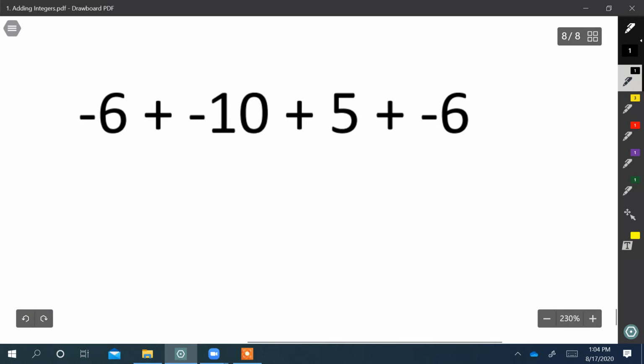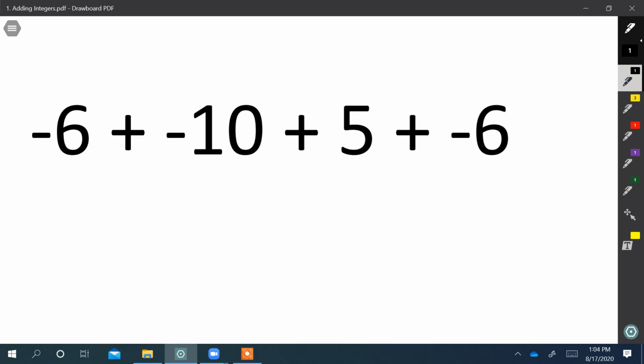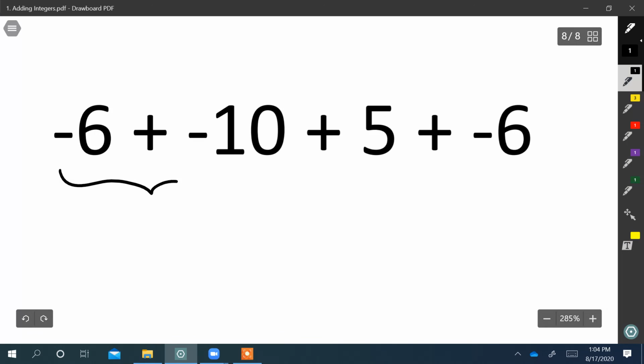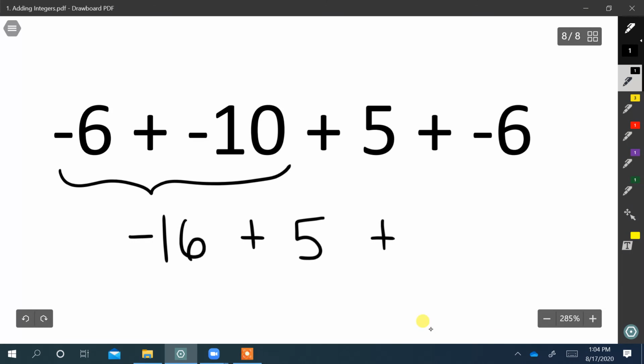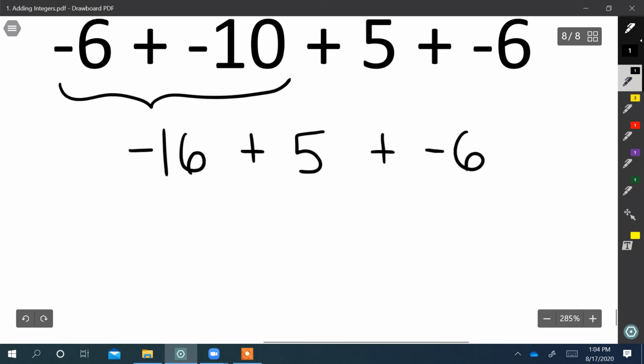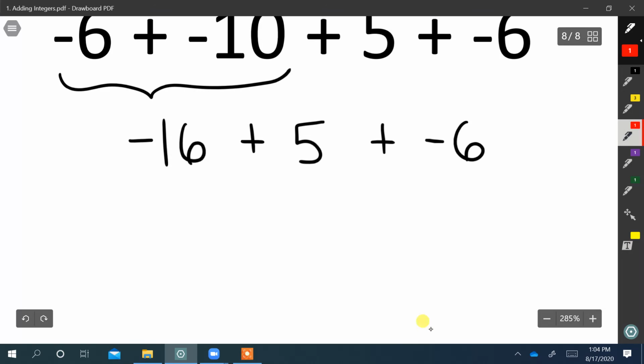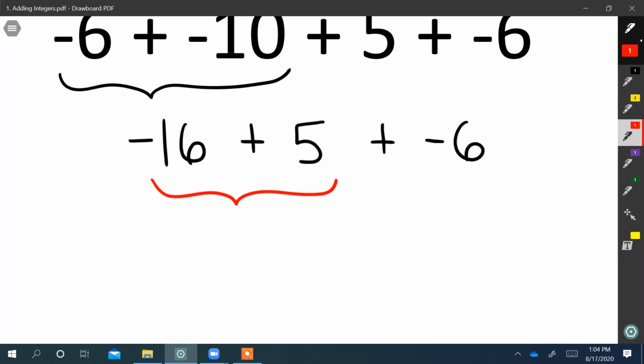Alright, let's see if you got the right answer. So in here I have negative 6 plus negative 10. That's going to be negative 16. Plus 5 plus negative 6. Let's combine those two together. We have negative 16 plus 5.